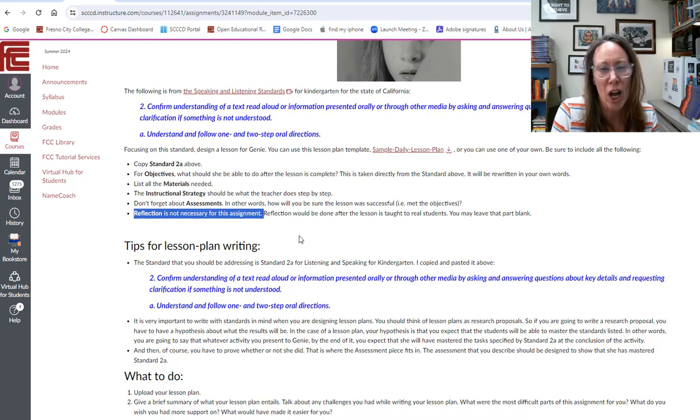But since we're not really teaching with these lesson plans, you're just using this as an exercise to write one, there's really no need to put anything here.